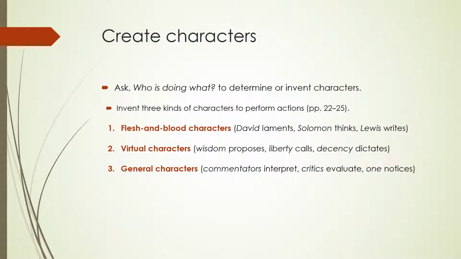You may also try general or generic characters like researchers, readers, literary critics, writers, or even one. So when you draft essays, consider writing out your main characters, perhaps in the margins of your paper. Who is doing what in your paragraph? Then make those main characters the agents, that is, the grammatical subjects, in your sentences, putting them in the subject position of most of your sentences.